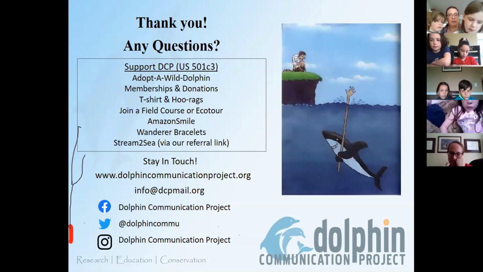Cool. Well, we actually had a question from Olivia about how they get the notches in their fins. Good question. And this answer will depend. There are different ways. They can be pretty rough with each other. A lot of people think of dolphins as just this happy, smiley creature. That smile that you see on their face is actually just how their face is shaped. They can't frown, but they also can't smile.